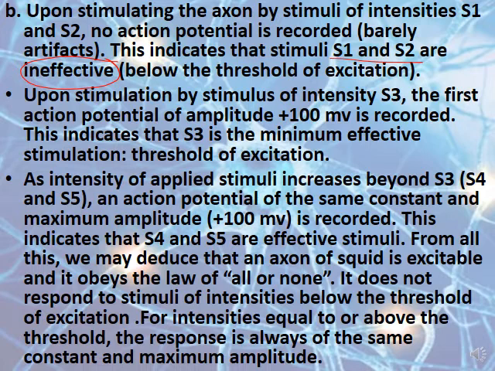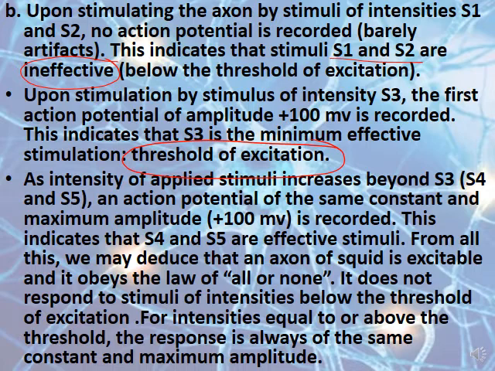Upon stimulation by stimulus of intensity S3, the first action potential of amplitude 100 millivolt is recorded. So this indicates that S3 is the minimum effective stimulation. This is called the threshold of excitation. As the intensity of stimuli increases beyond S3, we move to S4 and S5.